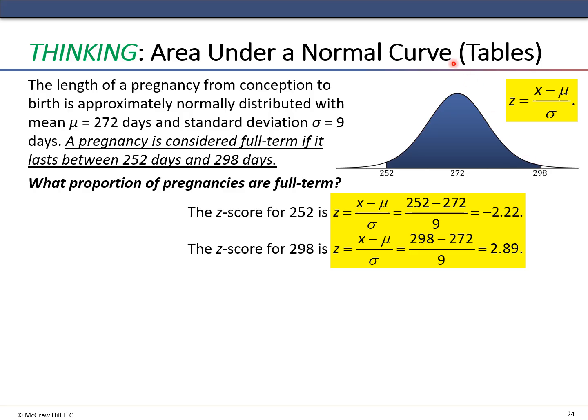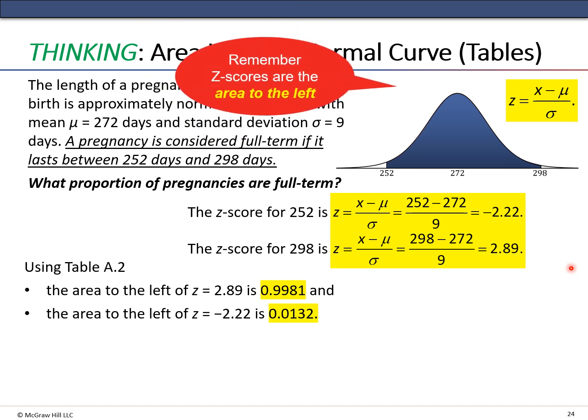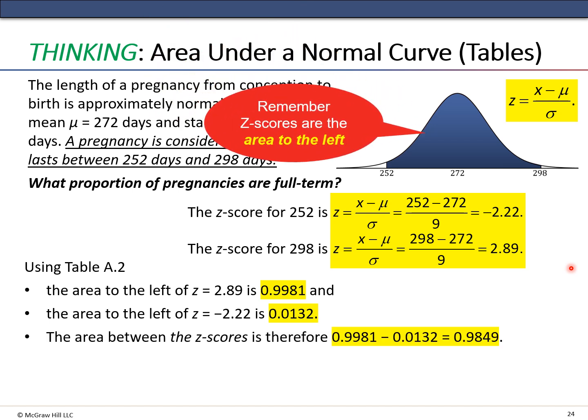The area below 298 is everything to the end. And then we're subtracting out this little white piece at the end by using the area to the left of 252. Okay? So again, we're going to take the area to the left of 298, which is the z-score of 2.89, minus the area to the left of 252, which is equal to 0.0132. We subtract those, and we get the actual area between them.